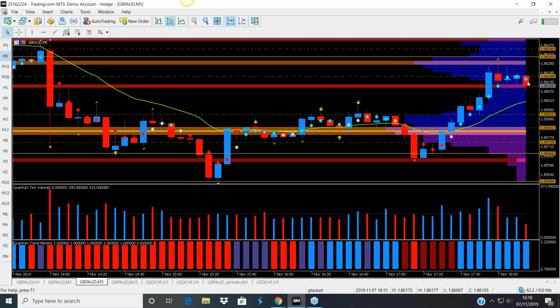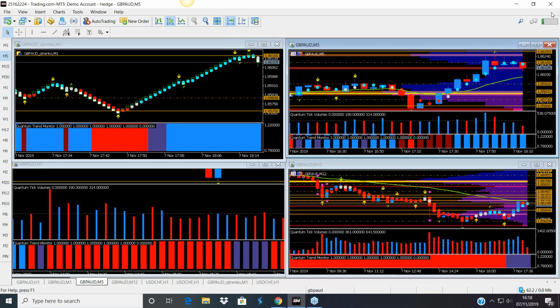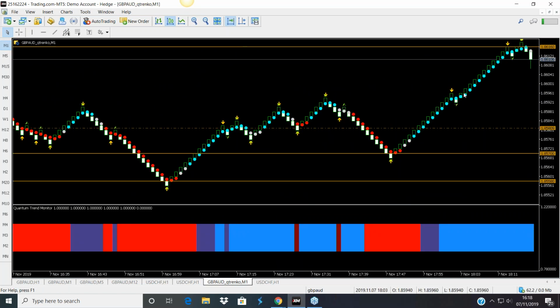Price is desperately trying to keep higher, as it were. You can see that on the Renko. The Renko has kept going, as it were. It's just picking up the little bit of sideways price action that we can see at the moment.